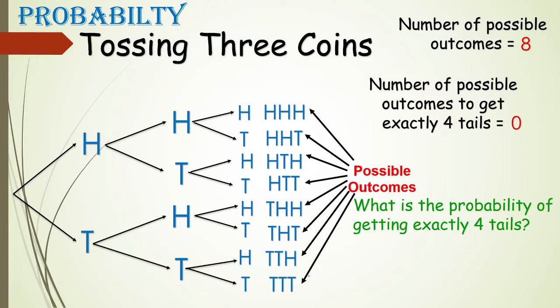So our probability is 0/8 or simply 0. So take note, our answers for probability are numbers from 0 to 1. Your answer can never be greater than 1. It should be a fraction that is less than 1. If your answer is a fraction, the numerator should be less than the denominator, or it can be equal so that it equals 1.